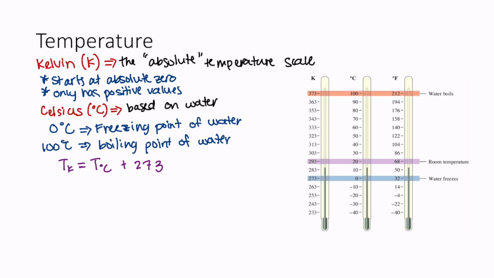And then finally, we have the Fahrenheit scale, which is given this unit or symbol, degrees Fahrenheit. And this is the scale that is commonly used in the US.